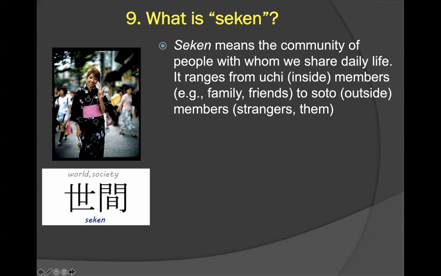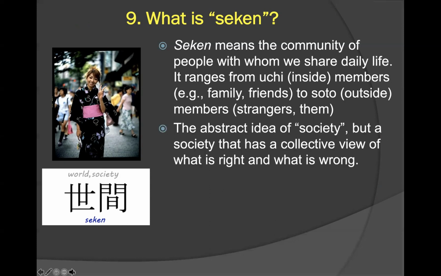But basically, Seken is an abstract idea of society, where society basically means people with a collective view of what is right and what is wrong. And this is invoked to remind people that they should adhere to certain norms, lest they shame or embarrass themselves in front of Seken.